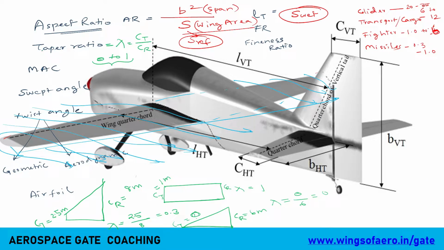Now talking about a very significant factor about taper ratio for a fighter. For fighter aircraft, meaning high speed, supersonic aircraft, it has to be less than 0.3, and for transport or cargo aircraft it should range from 0.3 to 0.6.